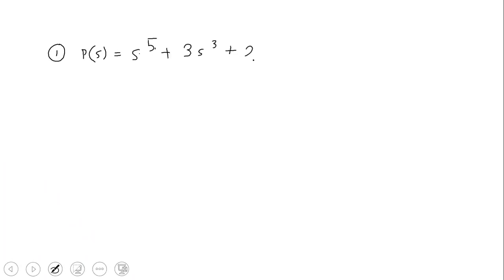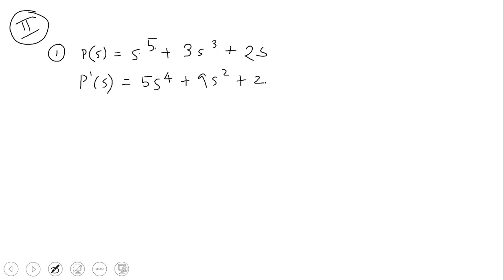So this is type 2 of the continued fraction expansion method. As you can see, they're all odd powers, and therefore we have to go for its corresponding derivative. So P dash of S will become 5S raised to 4 plus 9S square plus 2.